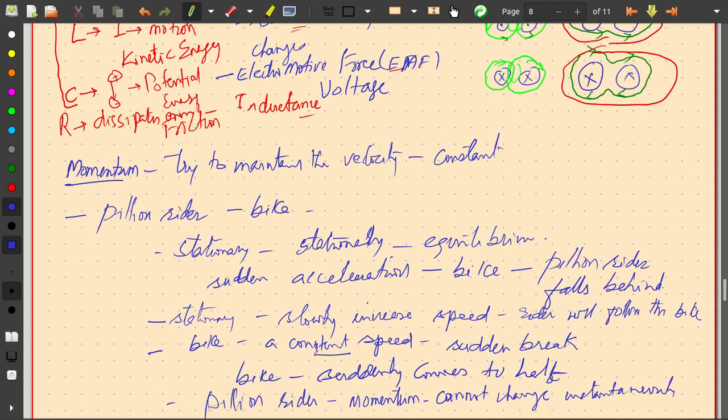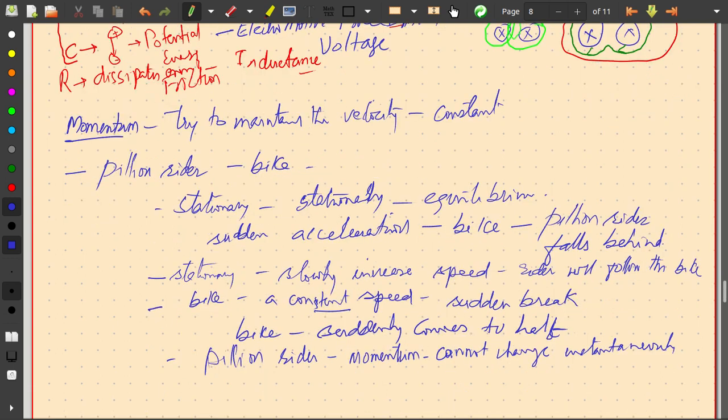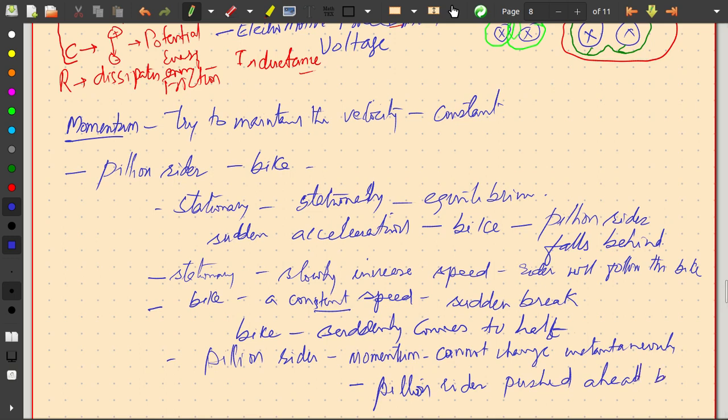and because of this we find an effect which says this pillion rider is pushed ahead of the bike and he eventually falls down, but now in front of the bike, not behind the bike.